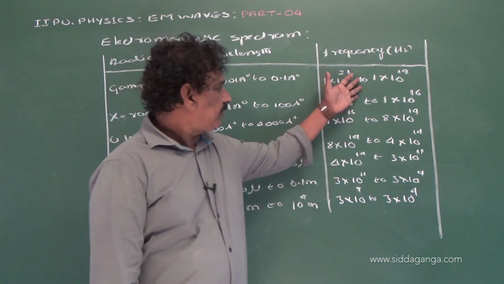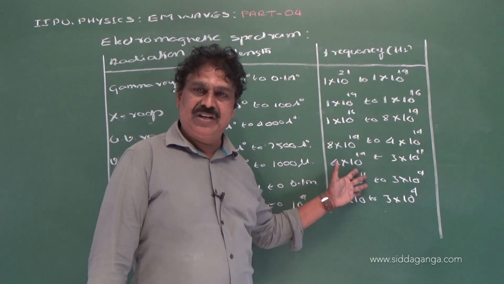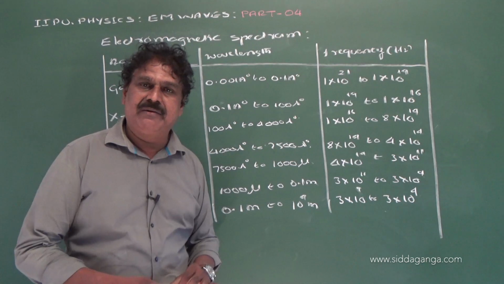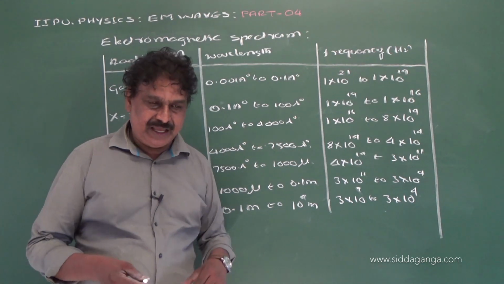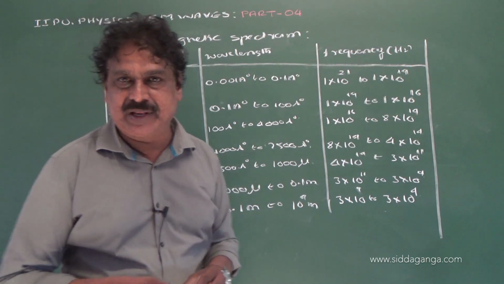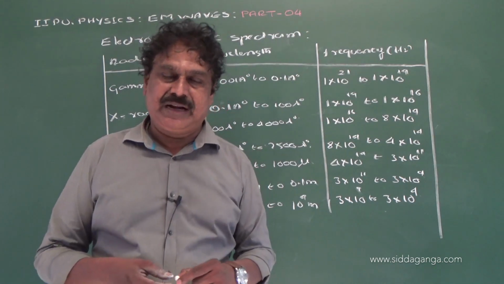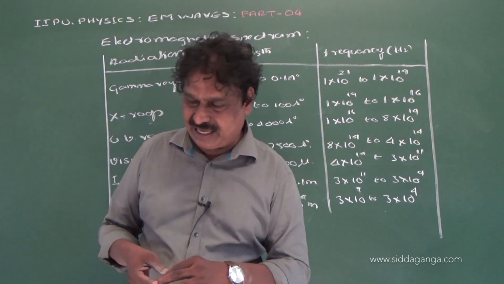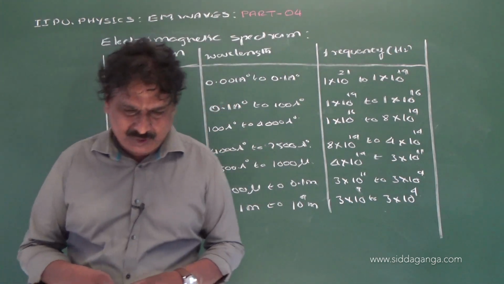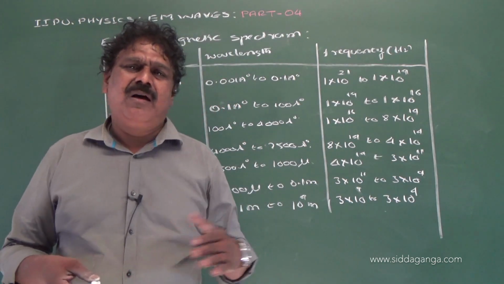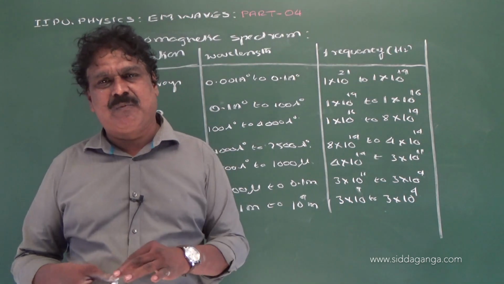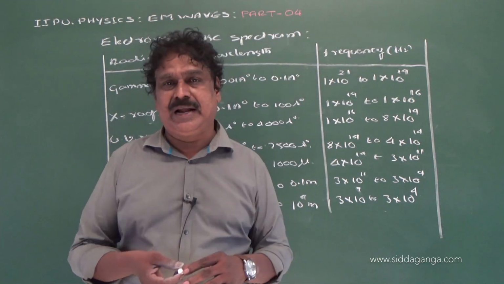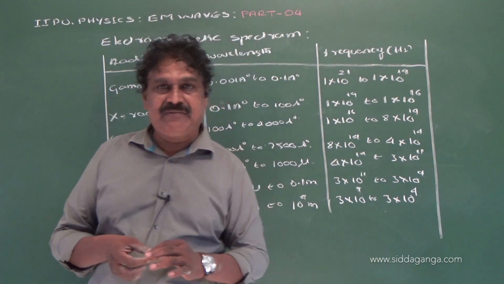Try to remember the frequency range also, but it is easier to remember the wavelength range, because we often use wavelength of radiation more than frequency, even in optics and physical optics, we are considering wavelength of light more than frequency of light.